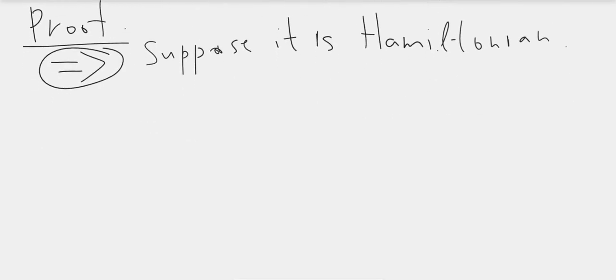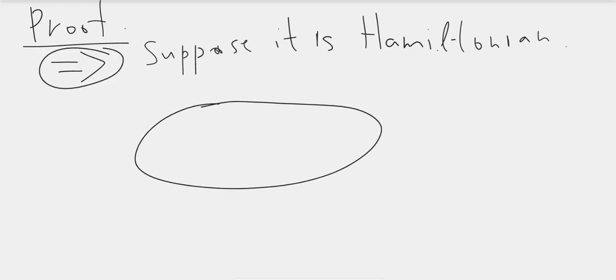Well, if it's Hamiltonian, then there is a cycle that passes through all vertices. So essentially, the graph looks like this. All the vertices are on this cycle, and there could be some additional edges like this, but it doesn't matter. We are not concerned about these edges.